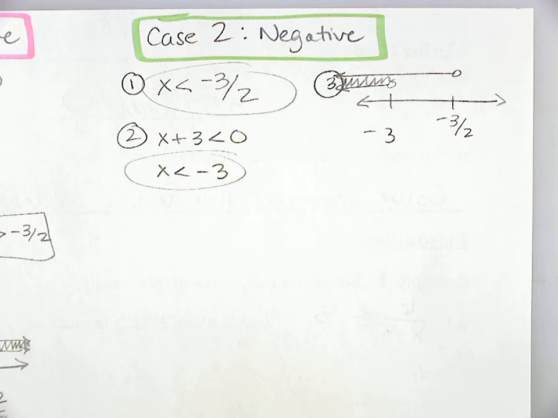See how the overlap starts at negative 3 and goes down? It would just be less than. So it'll be x is less than negative 3.